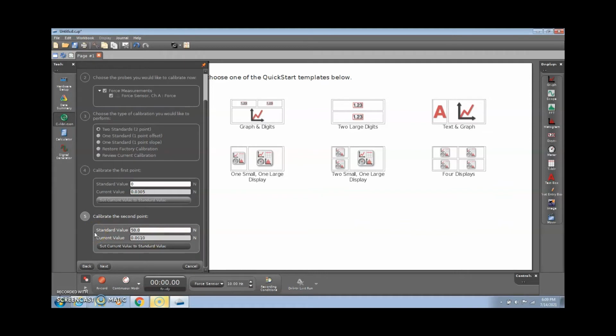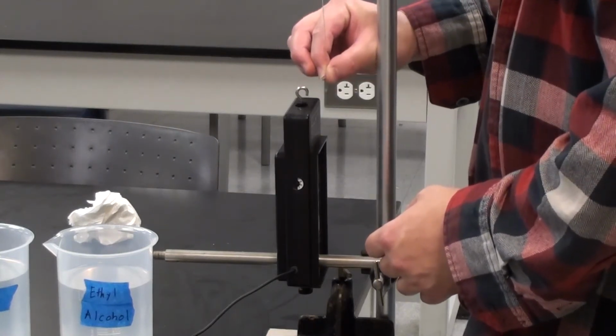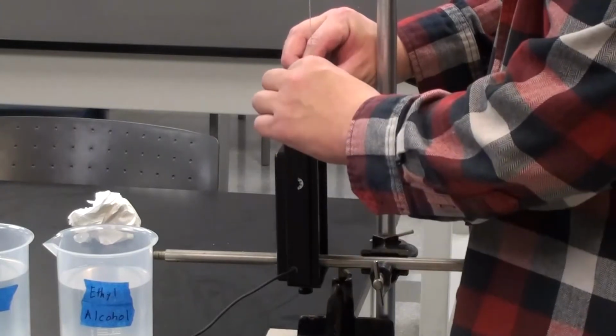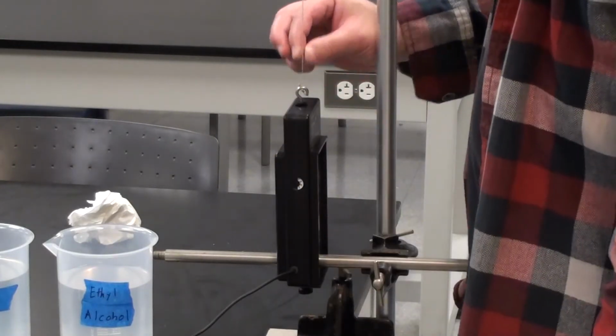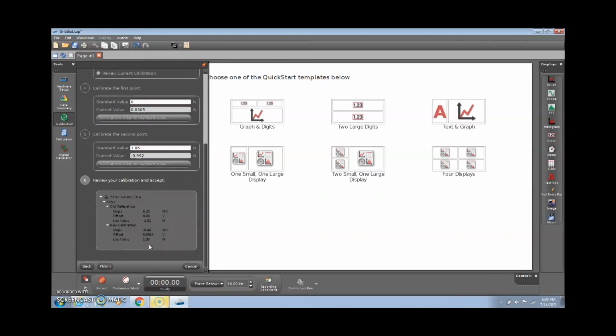For this one, I'm going to load the force sensor with the mass. And that is 1.06 newtons for 108 grams. Okay. I just loaded the force sensor with the cylinder. Okay, set that to current value, and then I'm going to press finish.